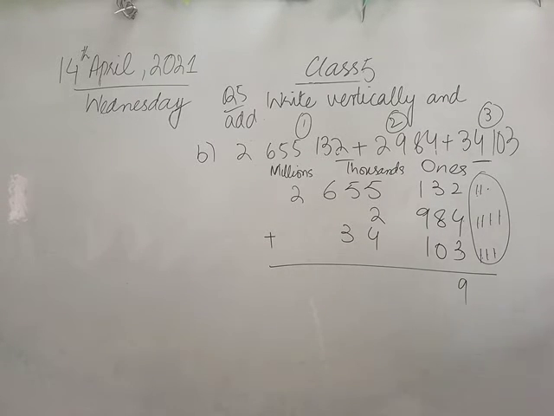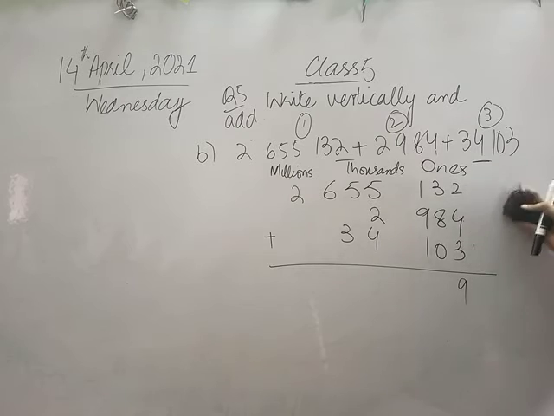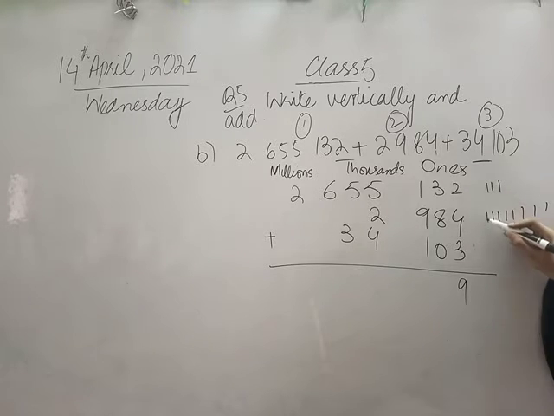Fine class? Now the next is 3, 4 upper, 8, 4 middle, 1, 2, 3, 4, 5, 6, 7, 8, and nothing for lower. So in total I have 1, 2, 3, 4, 5, 6, 7, 8, 9, 10, 11.